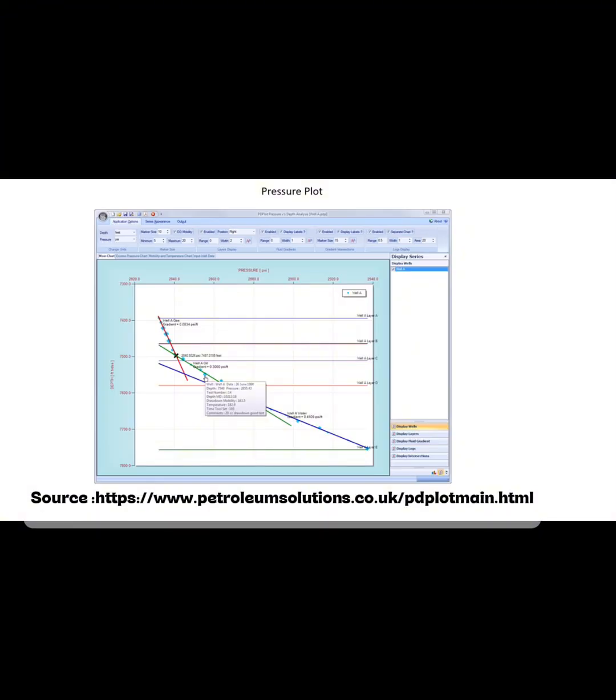So in this case, we could tell that from here to about here we might be having a gas saturated area. From here to about here we might be having an oil saturated area, and from here to about here we definitely have water saturated areas. Another thing we could infer from this data set is contact.